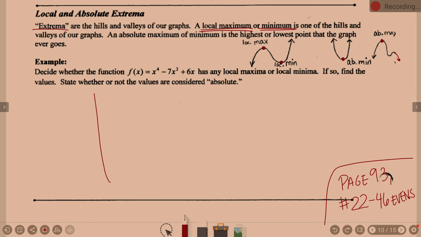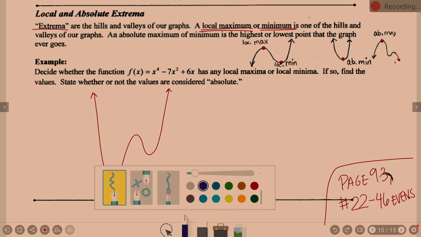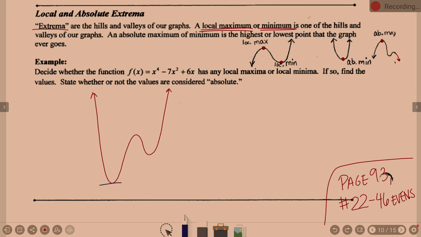Okay. And I am going to put the rest of this on the recording in case you want to look back at it. This guy would be an absolute minimum. This one is a local max. And this one is a local min.